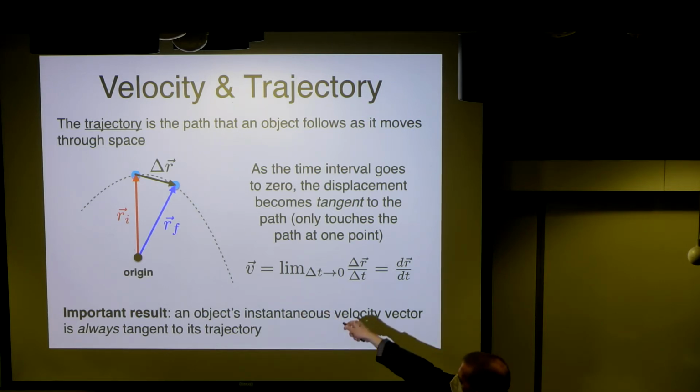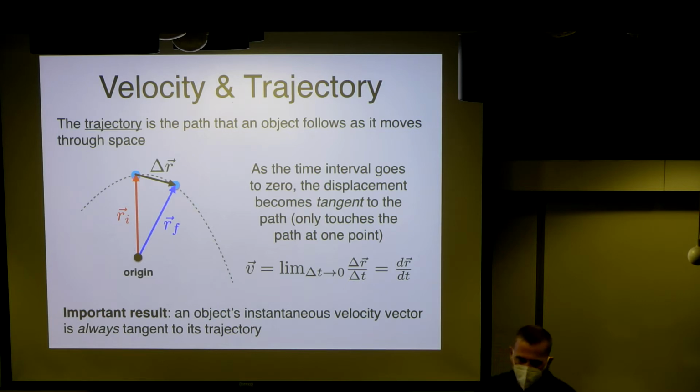And as we know, the displacement of the object, this delta r vector, goes from our starting position and ends at our ending position. Hopefully you can see that it's almost tangent to the path as I'm drawing it here. In other words, it's almost hitting this path at a 90-degree angle, but not quite.